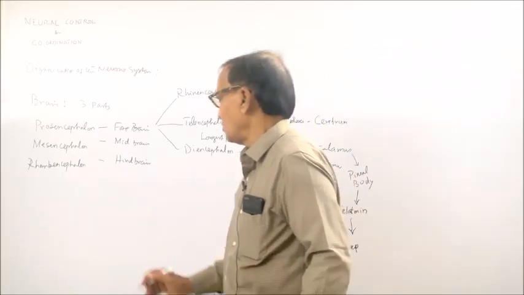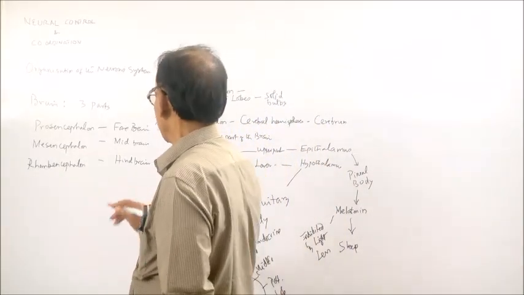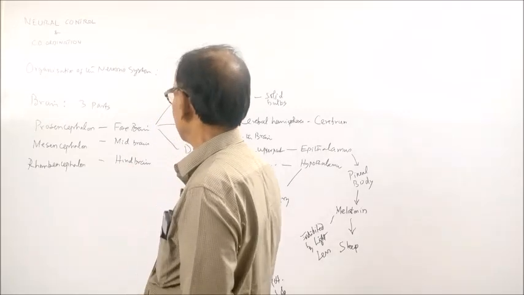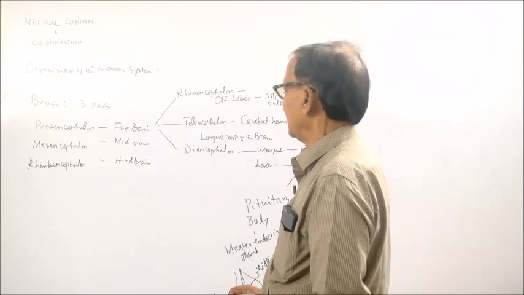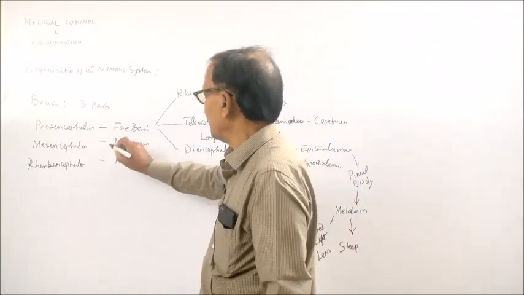Come to hindbrain or rhombencephalon. Midbrain or mesencephalon. Forebrain, then midbrain and hindbrain. After forebrain, we come to midbrain.